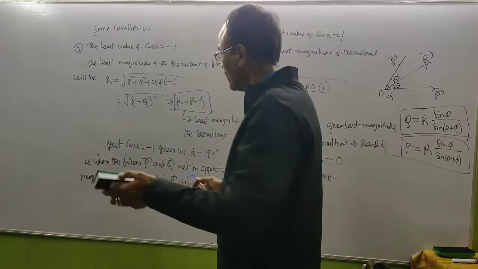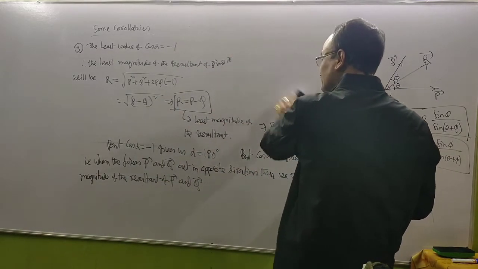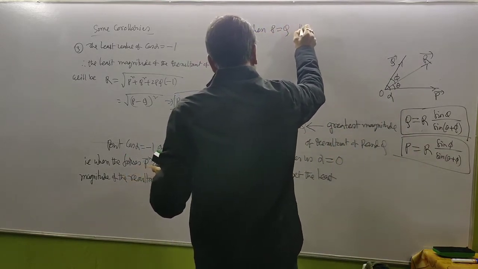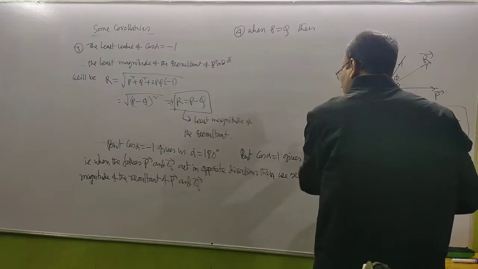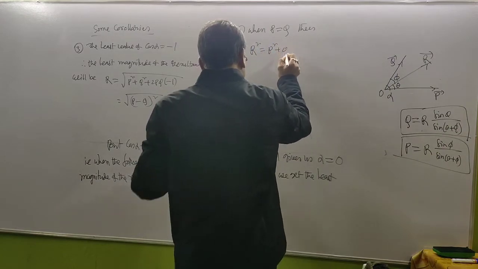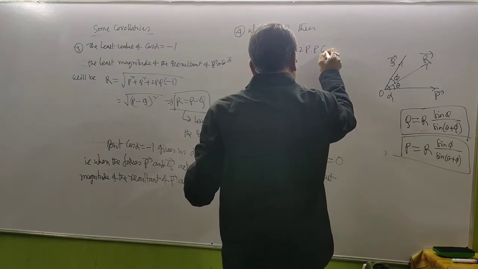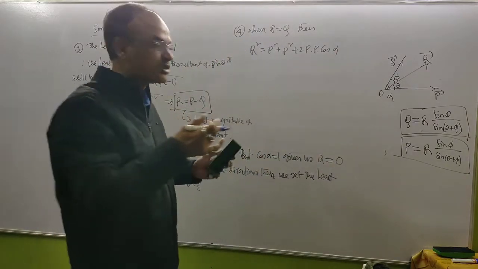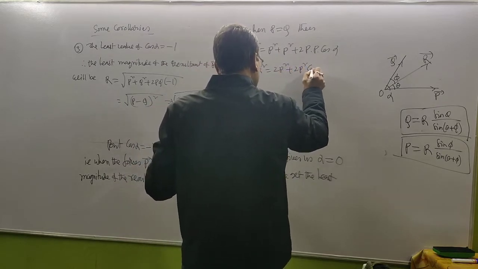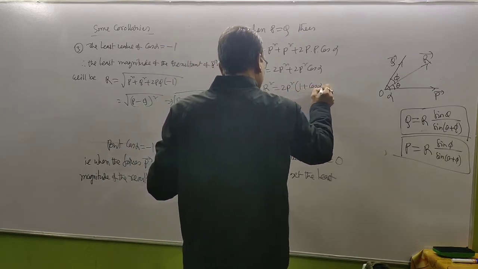Corollary number 4. When p is equal to q, then r square is equal to p square plus q square, which will be p square, plus twice p square cos alpha. This means r square is equal to twice p square plus twice p square cos alpha, which is twice p square into 1 plus cos alpha.